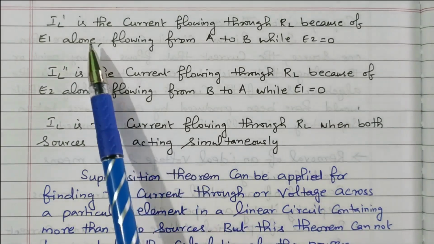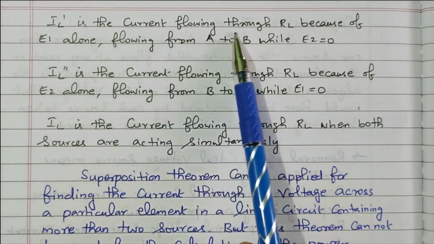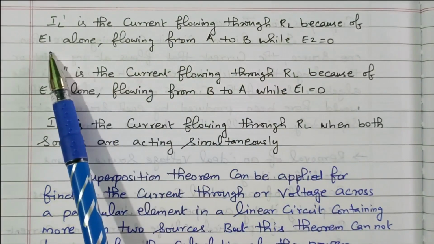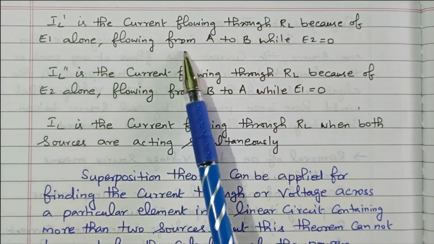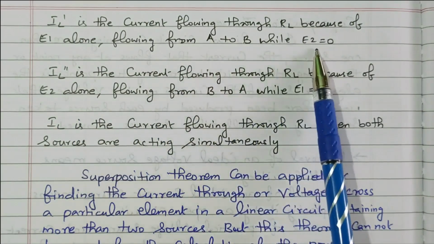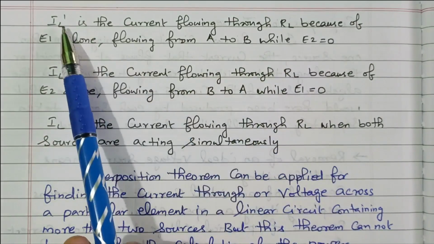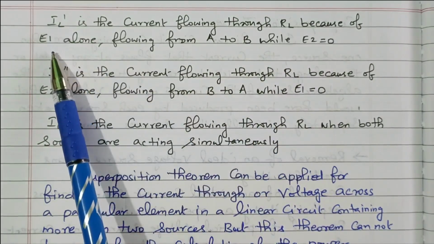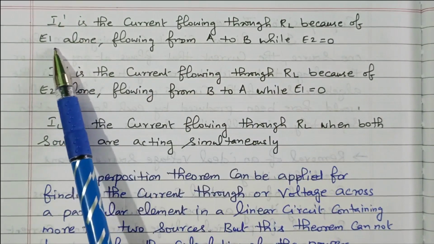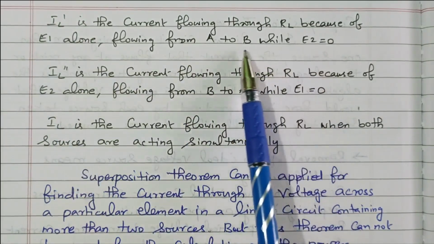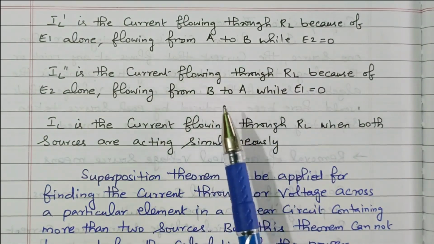So from the equation, IL dash is the current flowing through RL because of E1 alone, flowing from A to B while E2 is 0. Right. So IL dash is the current flowing through the RL because of only E1, with E2 removed, flowing from A to B, taken as positive.